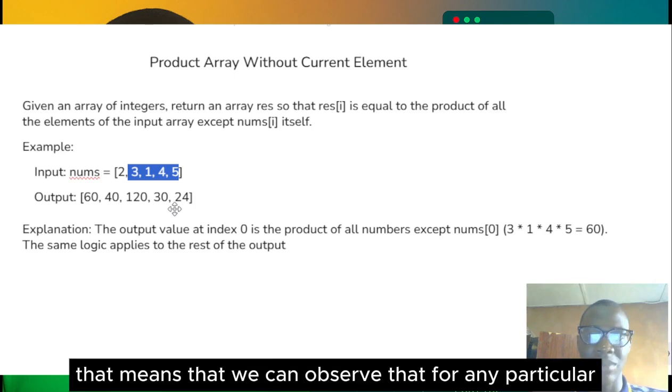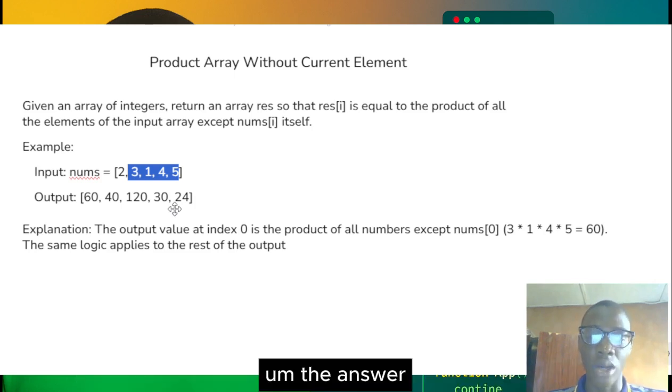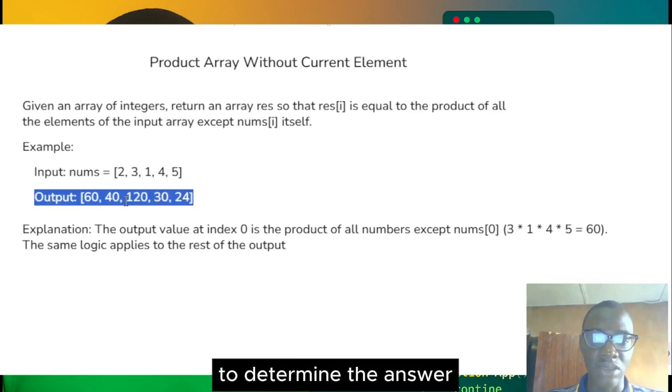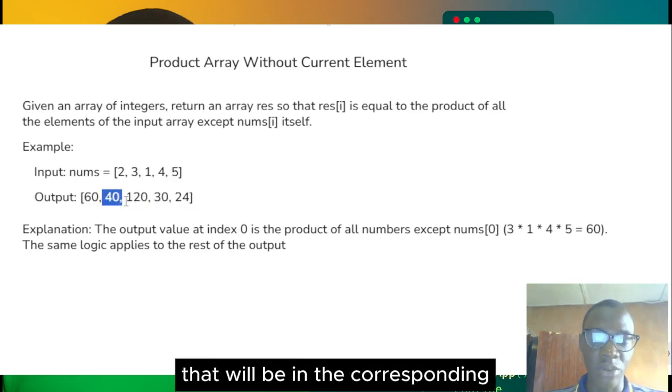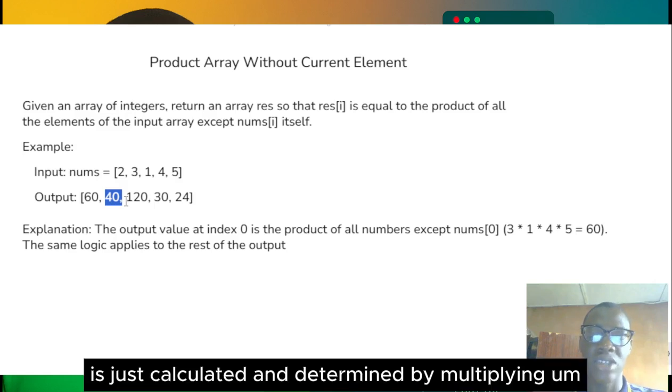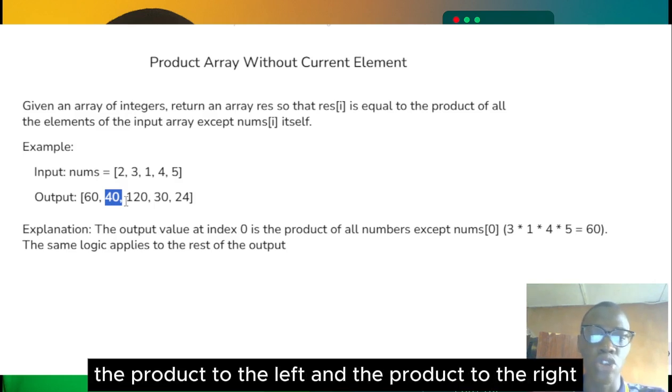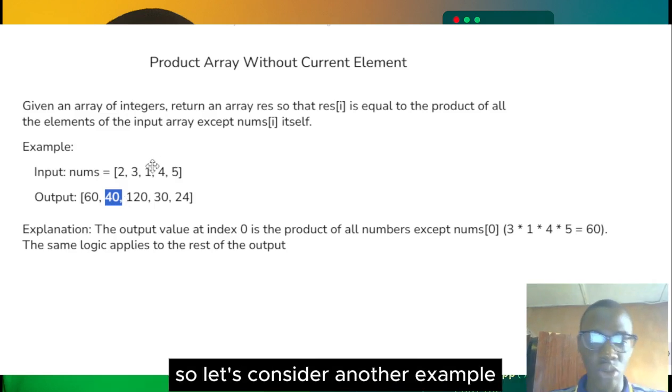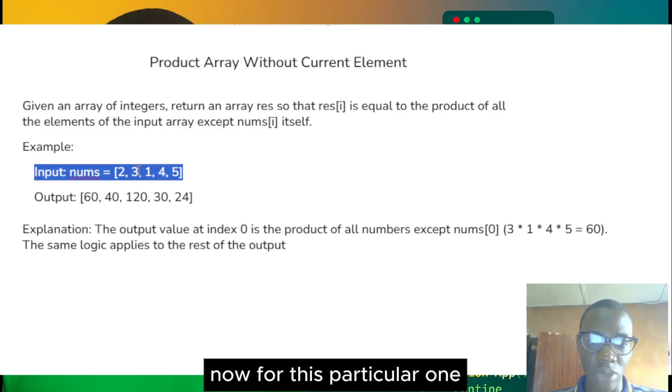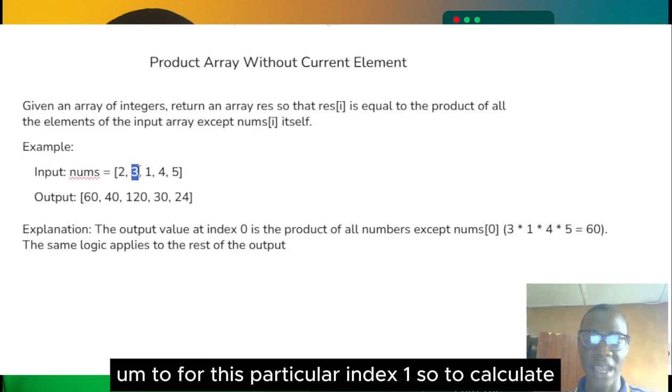So that means we can observe that for any particular index i, the answer in the corresponding output is determined by multiplying the product to the left and the product to the right. So let's consider another example, for this particular index 1.